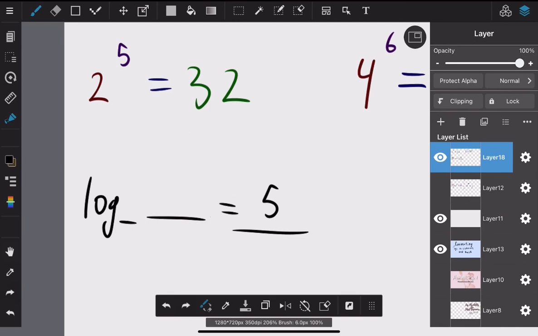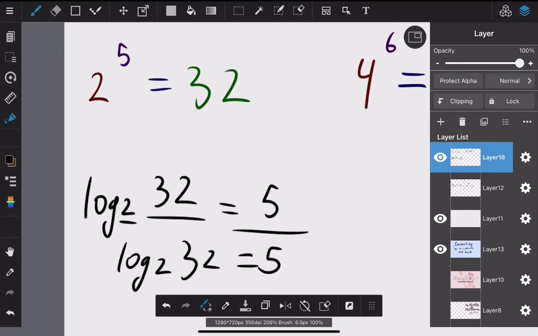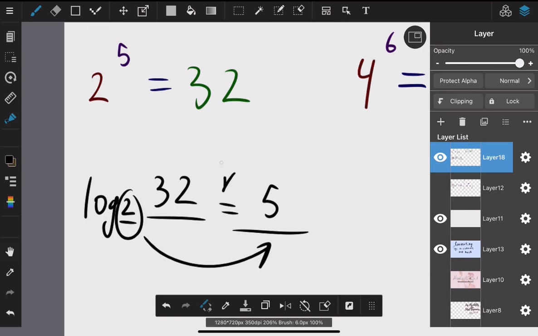Now we know that the bases are always the same, so we have a base 2 here. That's going to mean a base 2 here for the log. And lastly, we have the argument, which goes in the blank spot right over here. So we have log 2 of 32 equals 5. Another way to think of it is 2 to the what power equals 32? Well, 2 to the 5th power equals 32.